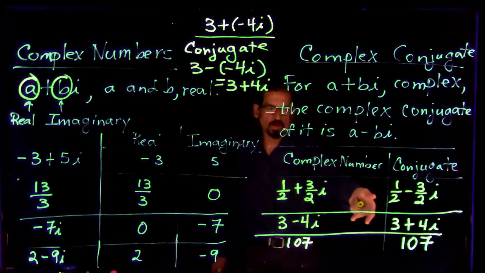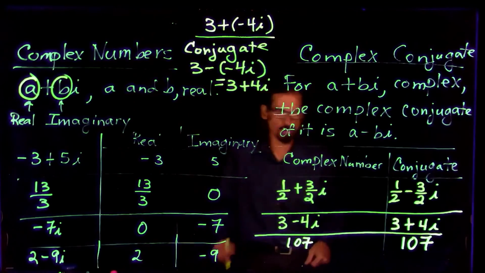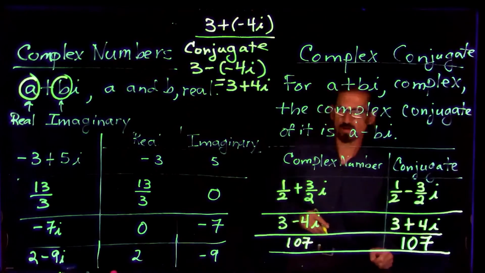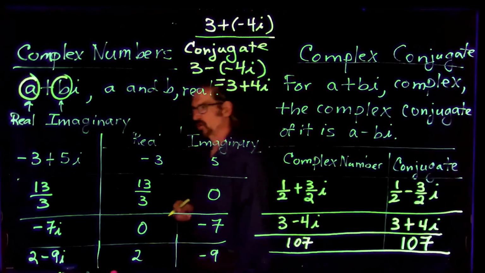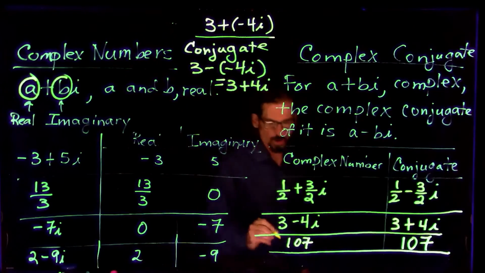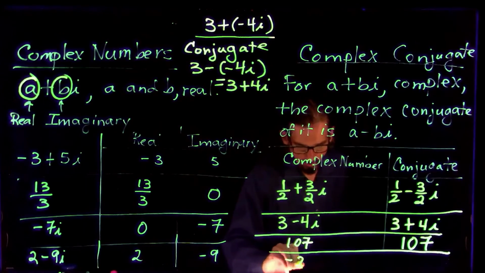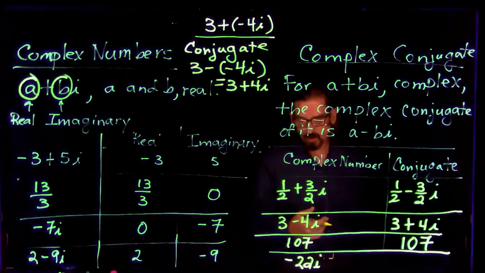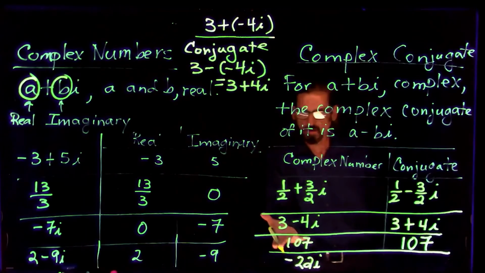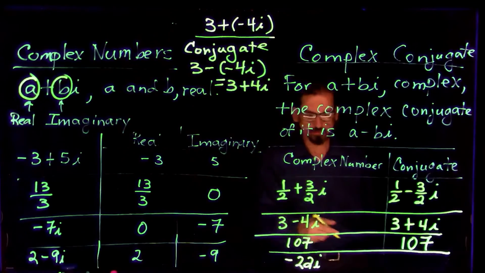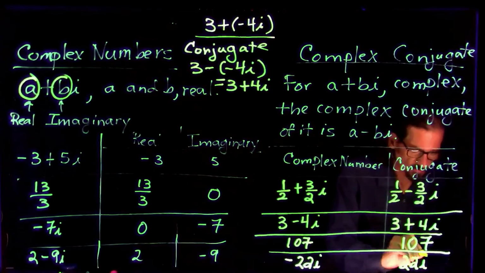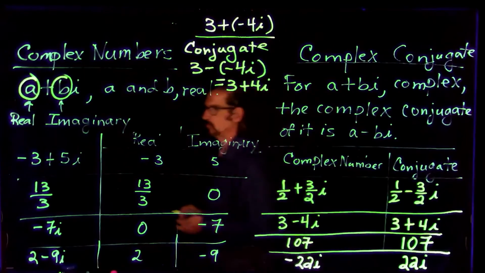And so adding 0i to this, we're still going to have a 107. And as a final example of finding a complex conjugate, if we have negative 22i, it's a purely imaginary number, no real part. Changing the sign of that imaginary part, which is negative 22, change that to a positive 22. So complex conjugate is 22i.